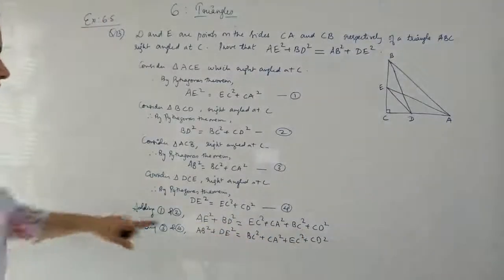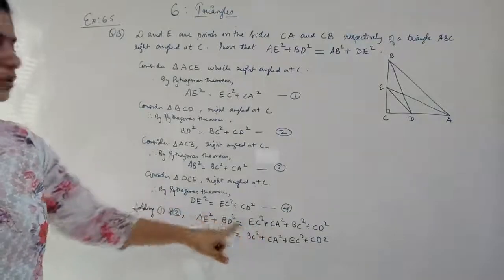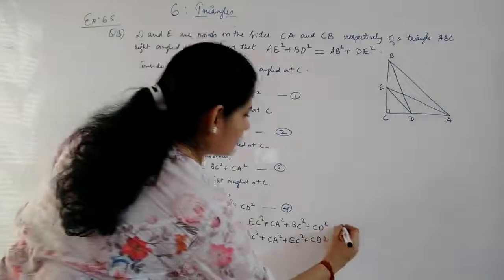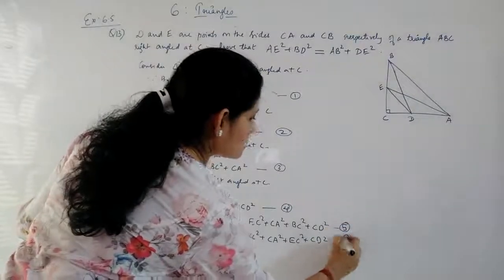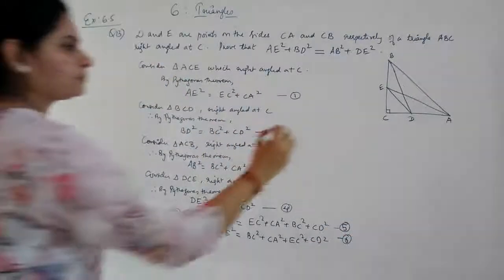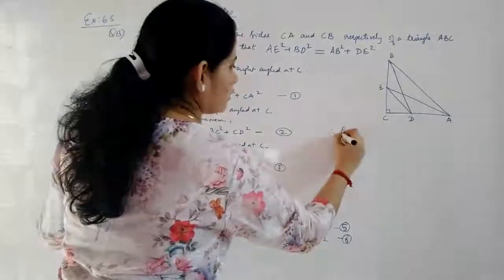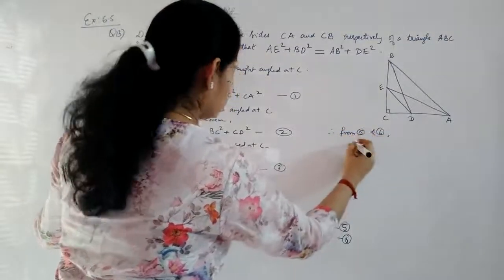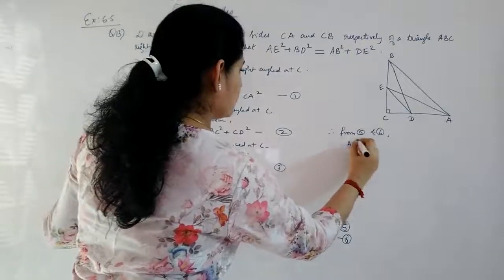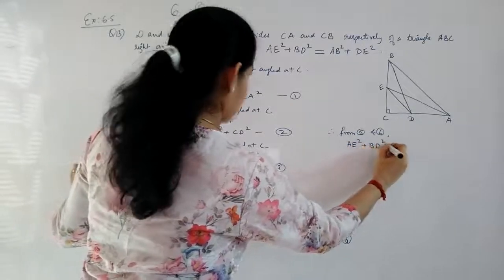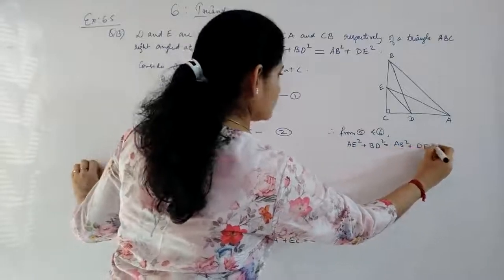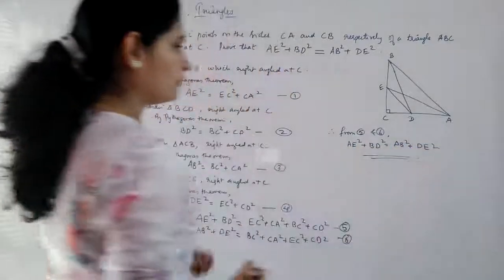So you can say that since the RHS are equal, the LHS will be equal. Okay, so from 5 and 6, therefore from 5 and 6, we get AE square plus BD square is equal to AB square plus DE square.